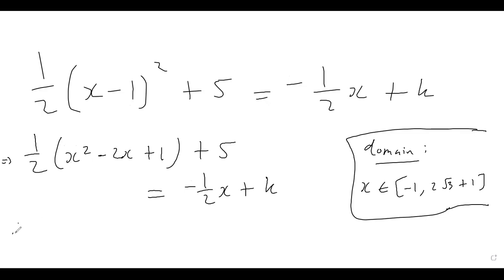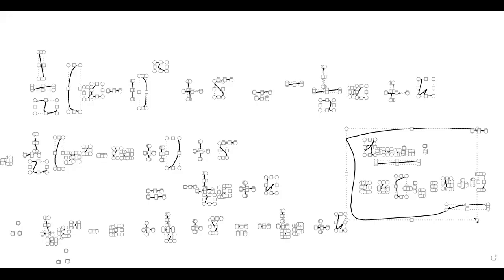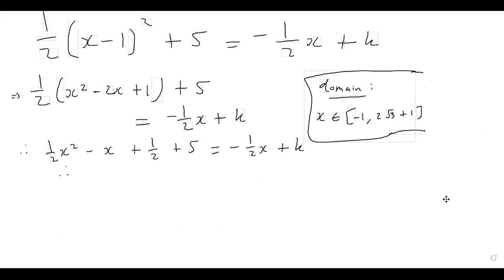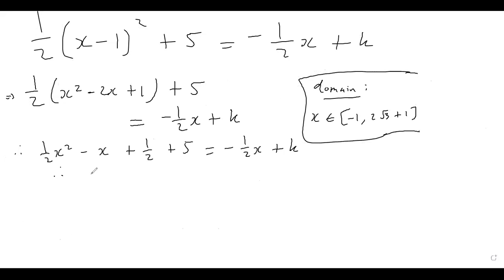Expanding the brackets, we've got half x squared minus x plus a half plus 5 equals negative a half x plus k. Then rearranging this to get everything on one side equal to 0, we get half x squared.